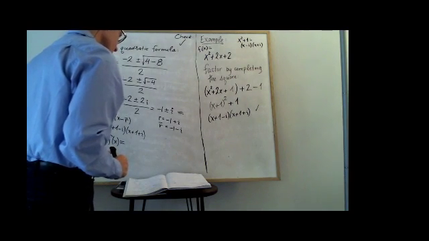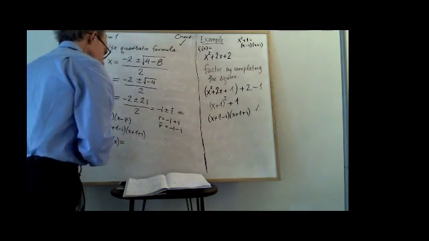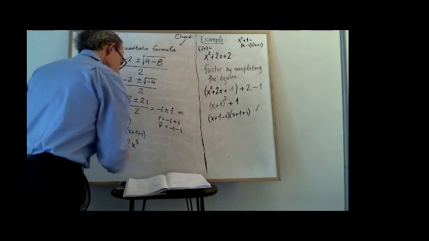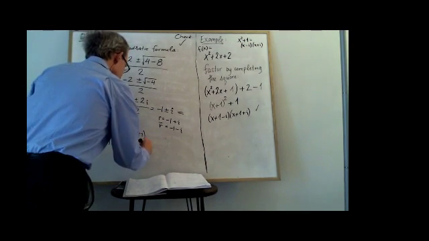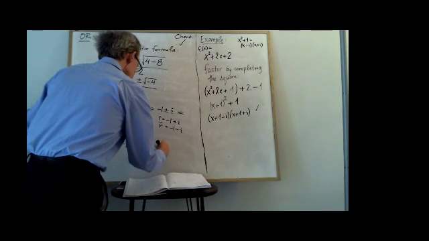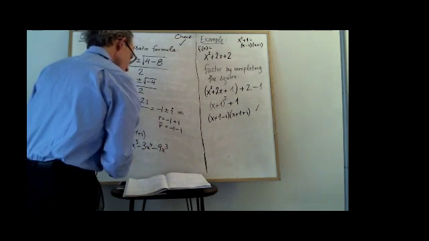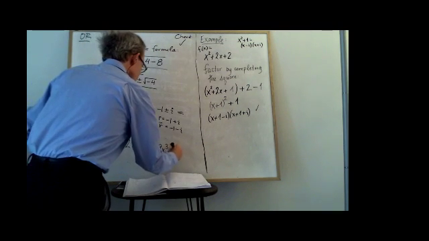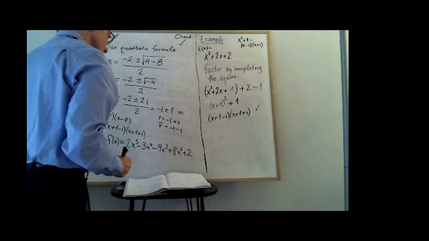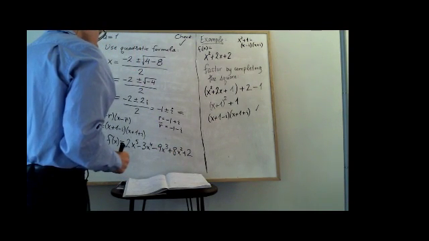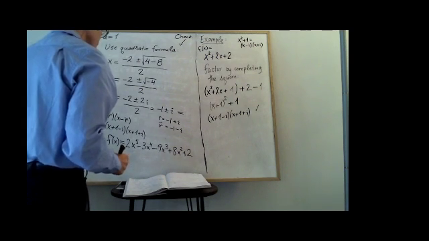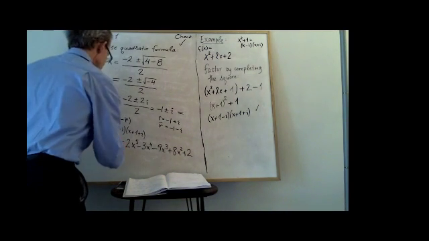The polynomial is 2x to the 5th minus 3x to the 4th minus 9x cubed plus 8x squared and plus 2. And we're supposed to use the remainder theorem to evaluate f of x at x equals minus 3.